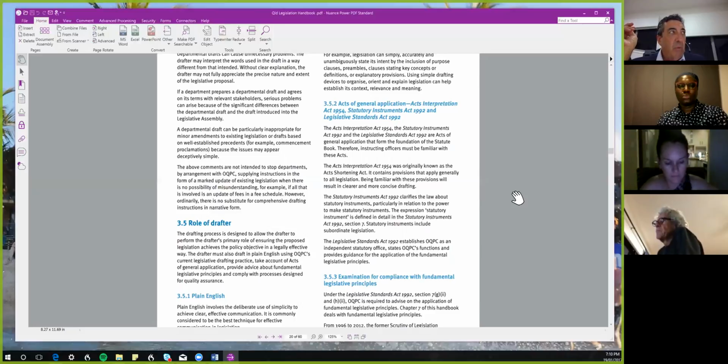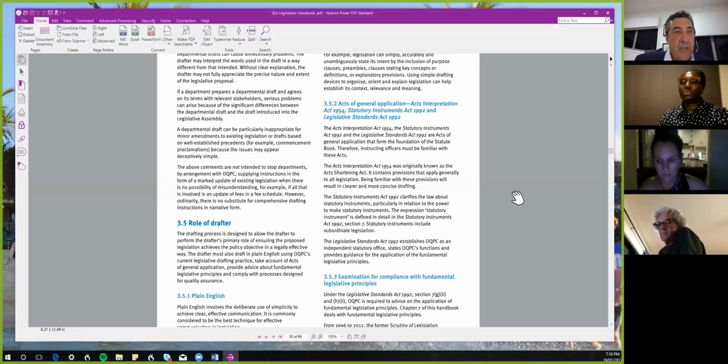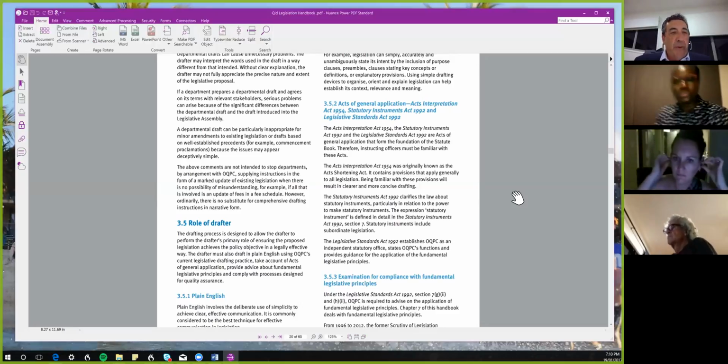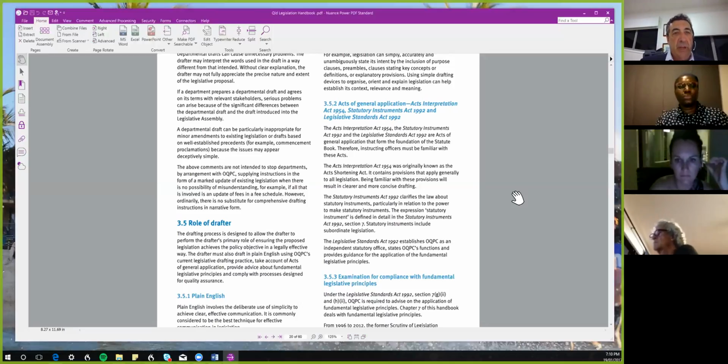So by referring to this handbook, it tells me that all 3 pieces of legislation have a role to play in terms of statutory interpretation. It also provides a bit of background. The Acts Interpretation Act was originally known as the Acts Shortening Act.